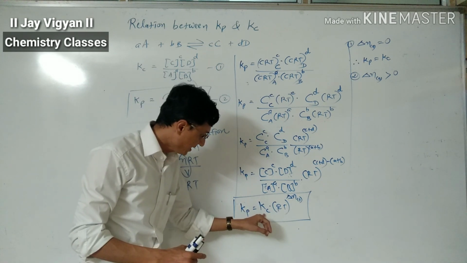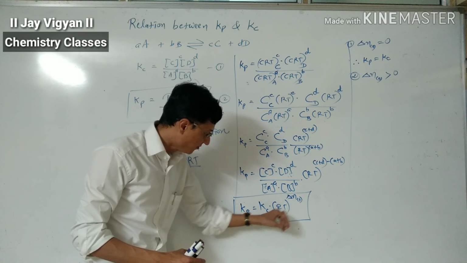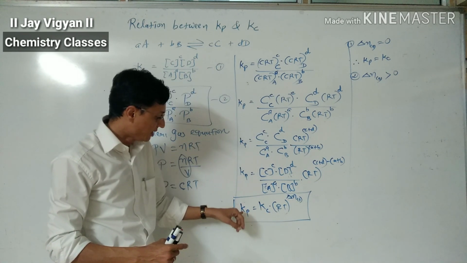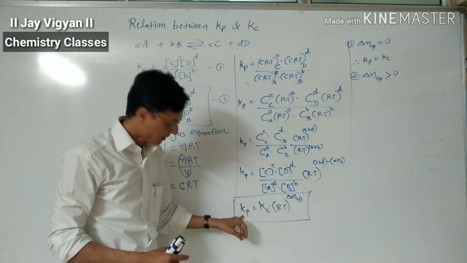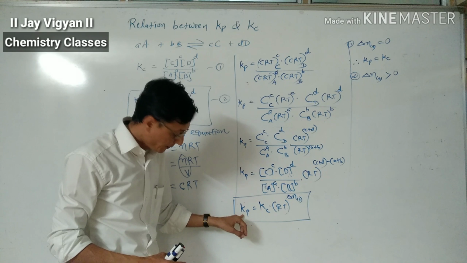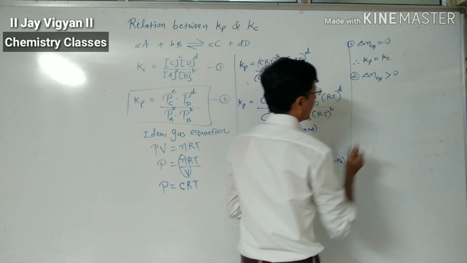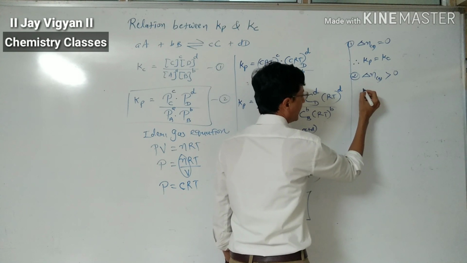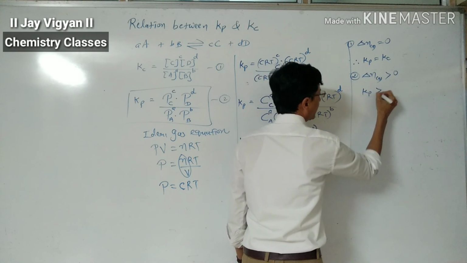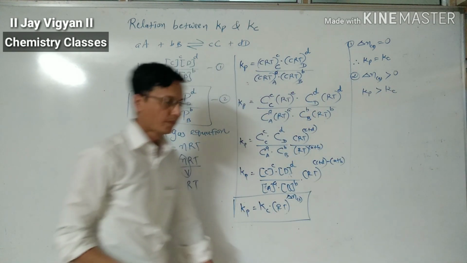That means Kc multiplied by some value becomes Kp. In that case, we can say that Kp is greater than Kc. So when delta Ng is greater than 0, Kp will be greater than Kc.